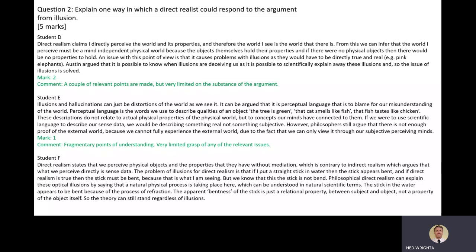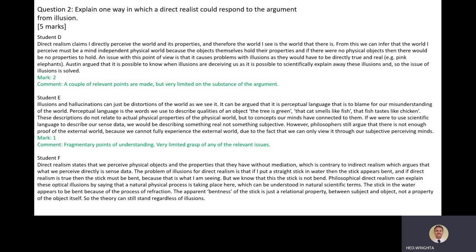Student E, only 1 mark. They don't really talk about direct realism that much. They don't really talk about illusion. Remember, look at the question: explain one way in which a direct realist could respond to the argument from illusion. Now, they talk about perceptual language an awful lot, but I can't really see much there about illusions.